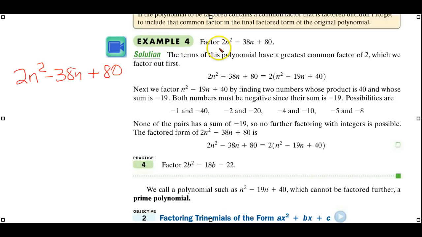In example 4, it's written in standard form. We could see we could factor out a 2 from each term. So this is n squared minus 19n plus 40.